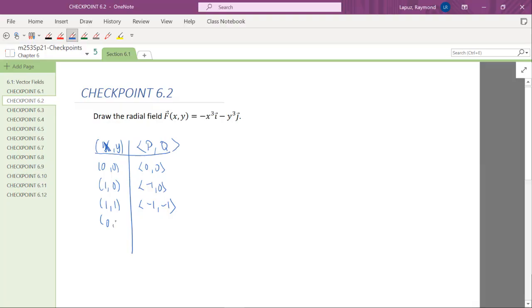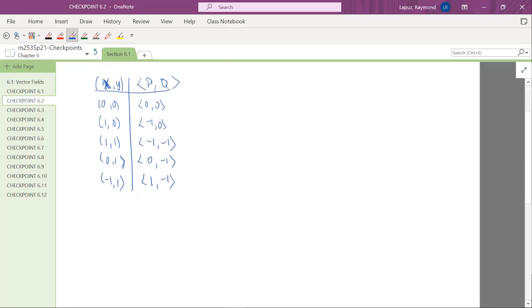Let's try 0, 1. And this is going to give us a 0, comma, negative 1. Let's try negative 1, 1. And this will give us a positive 1, negative 1. Let's try putting a negative 1, 0. This will give us a positive 1, 0.